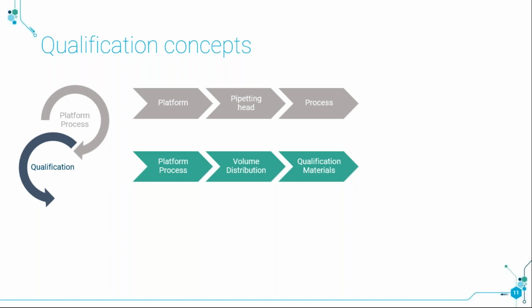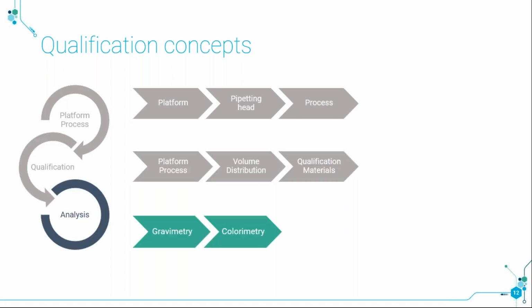Once you have defined this, you just need to take data coming from balances and readers, upload it into the application, and start working with this data. Here we name it colorimetry, but it's kind of a language abuse, because you can also work with volume data and fluorescence data, not just optical densities.